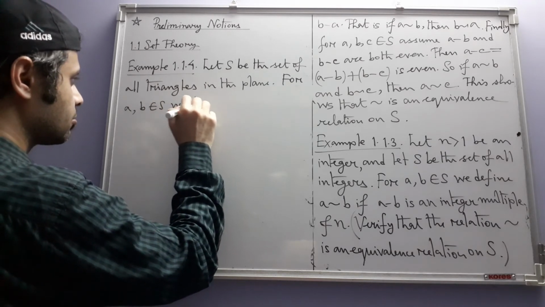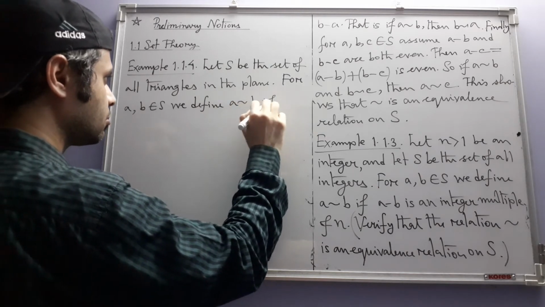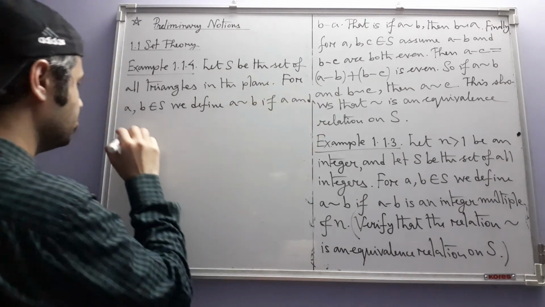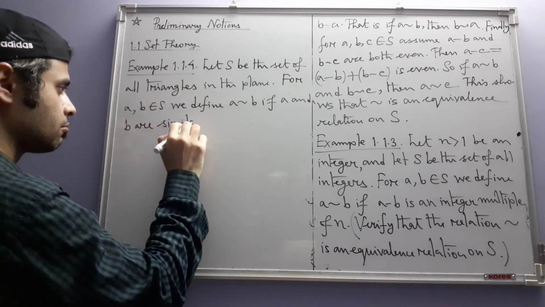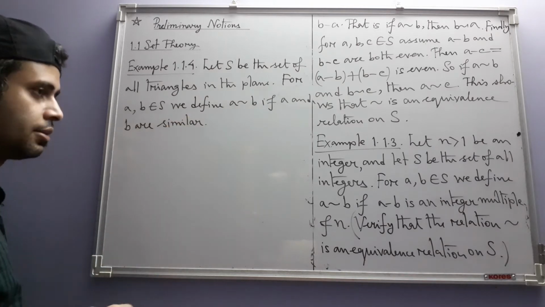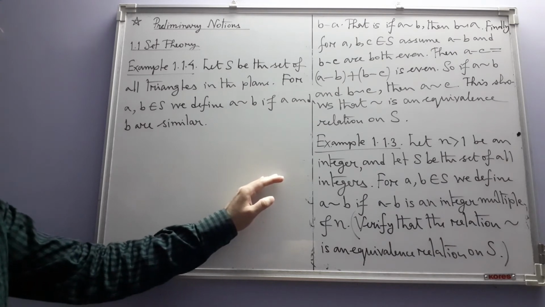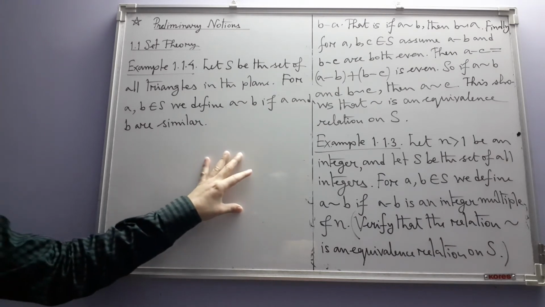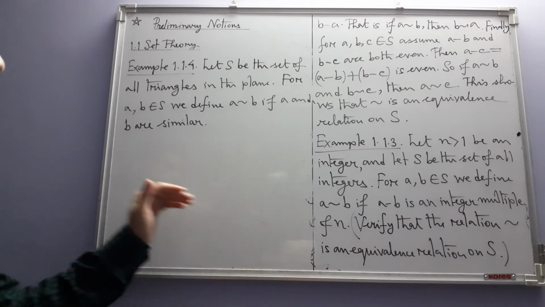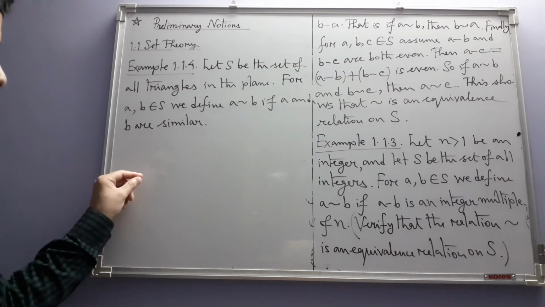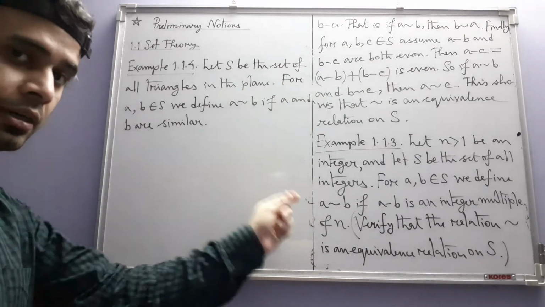We define A related to B if A and B are similar, that is, they are similar triangles. If you recall from school level Euclidean geometry, two triangles are said to be similar if you can form a correspondence between their angles such that for one angle in one triangle there is another angle in the other triangle which are equal.